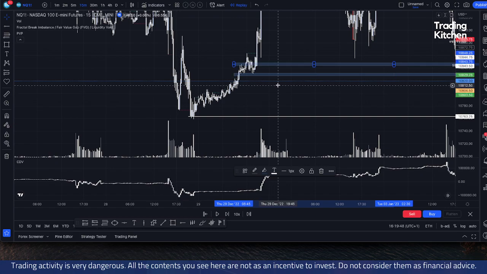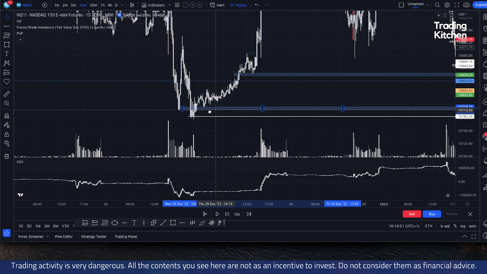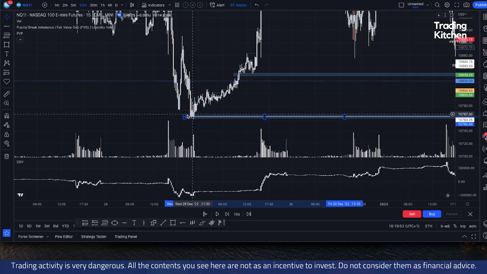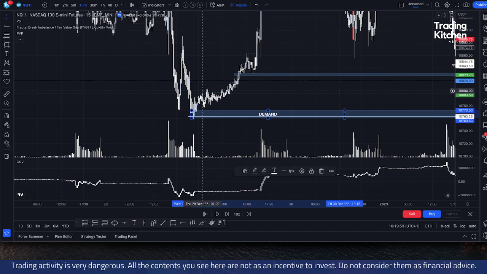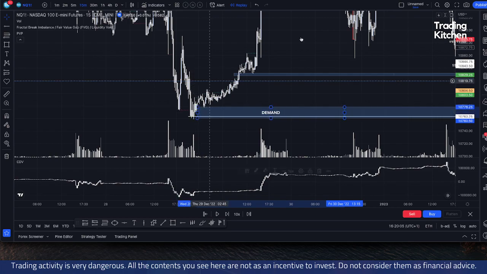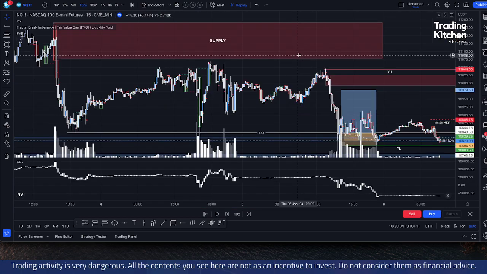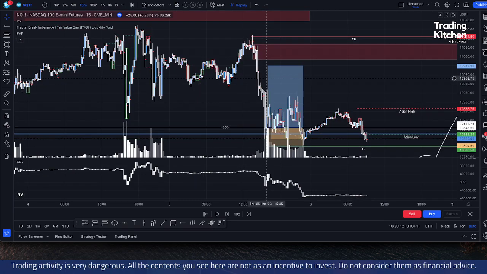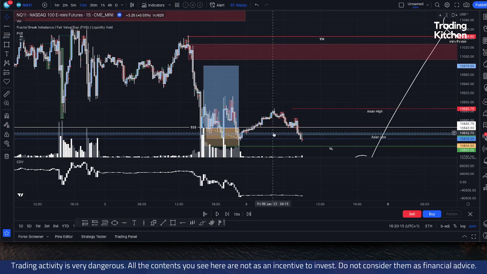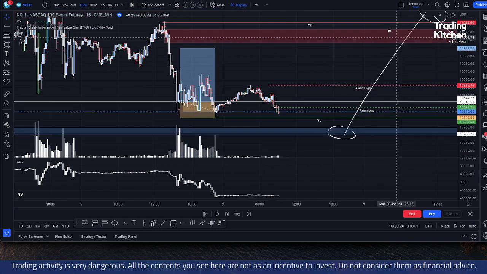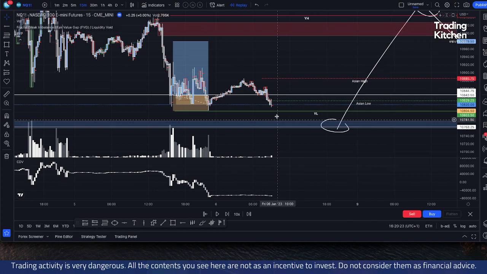This could be good as well, because this is a strong zone from which a big impulse started. Here we have liquidity, so probably below this level we have unmitigated orders. As you can see, price already touched this demand, so we have to wait for the other two levels, yesterday's low and this supply zone.